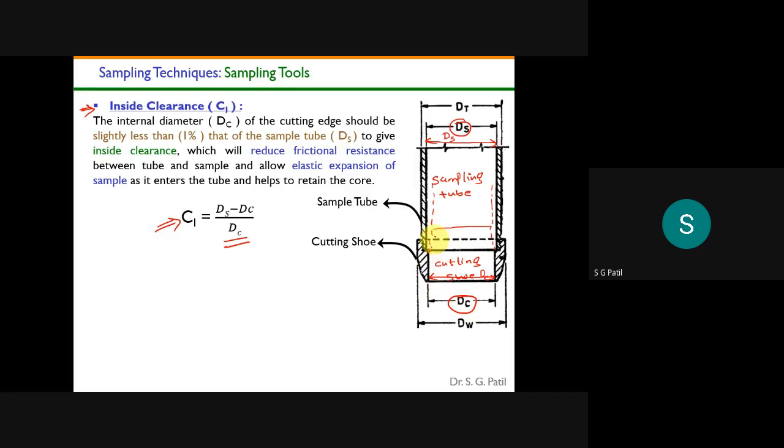Because once you penetrate this sampler inside the ground, what will happen? The soil will be cut. Let me erase this, then it will be more clear for you. Once we drive this sampler inside the ground, we'll have a soil sample like this, right?